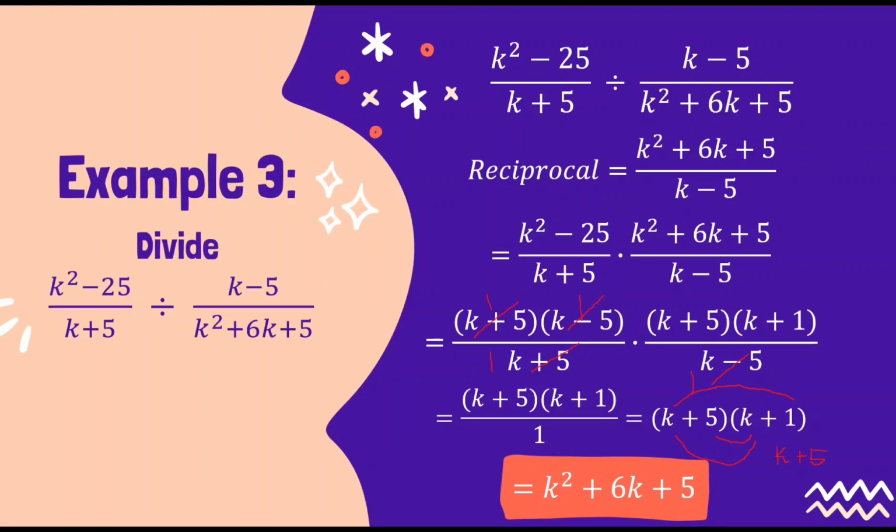Sorry for my writing. And then we have 5 times 1, which is 5. This is the 5, and this is the k squared. And what is k plus 5k? That is the sum of the outer and inner terms: k plus 5k is 6k. So that will be our final answer: k squared plus 6k plus 5.